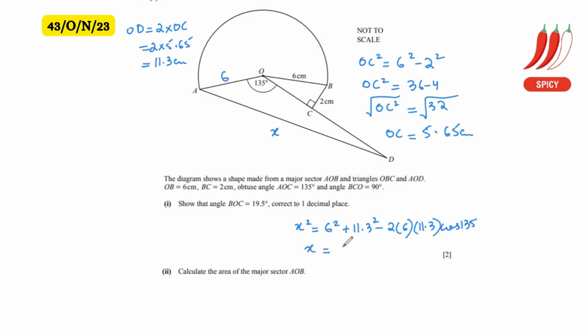That's going to be 259.57. Square root both sides, and that gives us 16.1 centimeters.